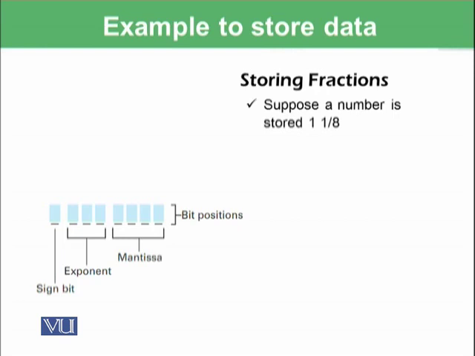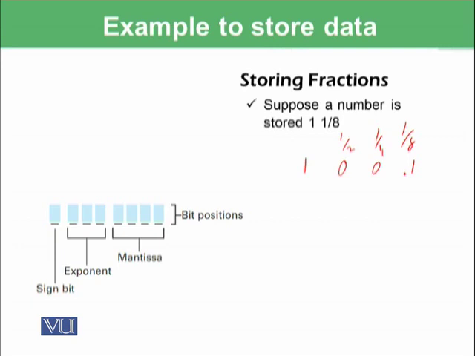We need to reverse the procedure. So we want to store one whole number and then 1 by 8. To store 1 we need 1, and for 1 by 8, you know that there is 1 by 2, 1 by 4 and 1 by 8. So 1001. This would be the number.